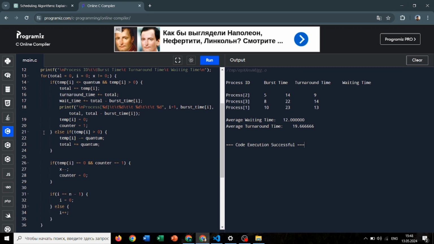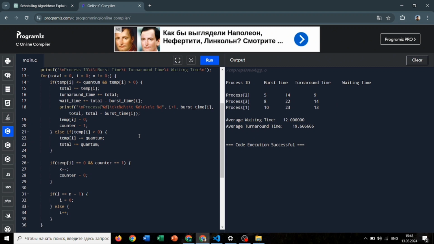And check if a process is complete, or we can say when temp's element equals 0. Update the waiting and the turnaround times and print the process details.